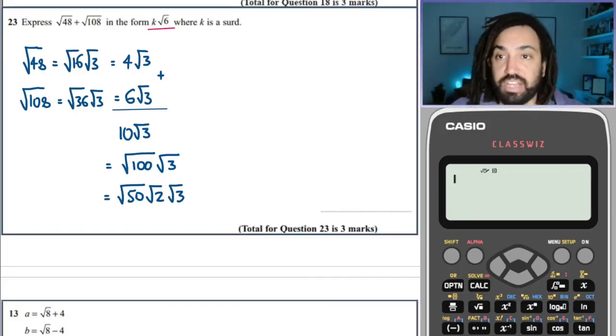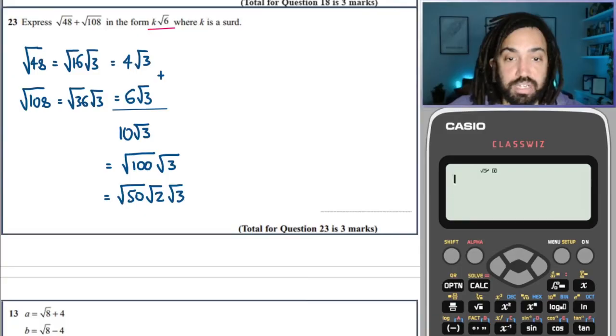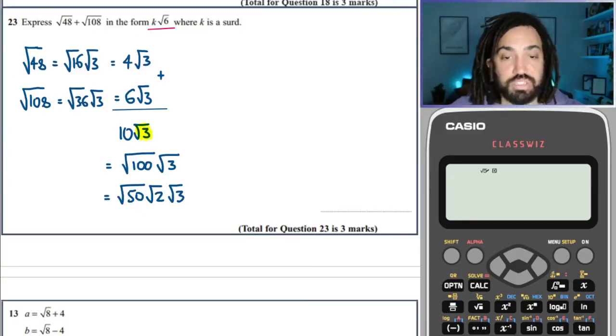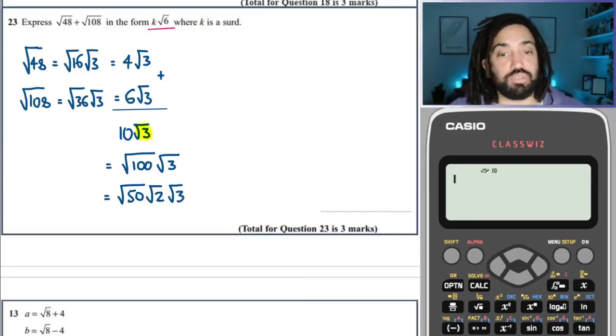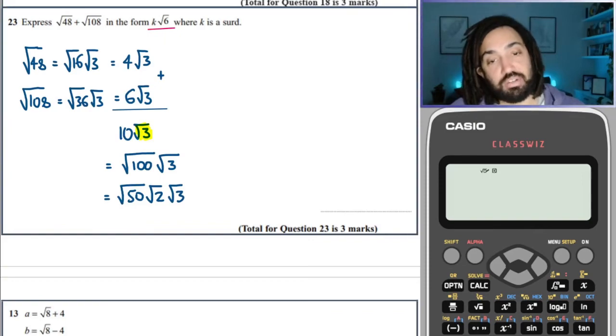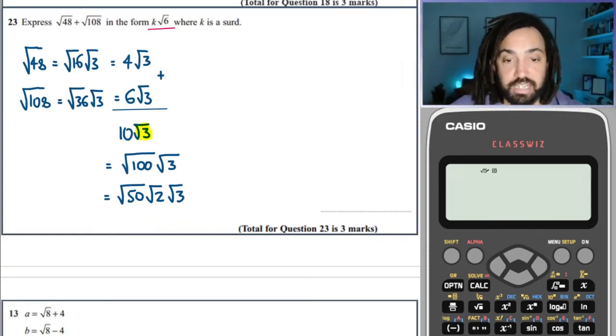Now, why have I done that? Well, I really want this root 3 to be a root 6, so I'm going to have to times it by a root 2. So I've taken out a root 2 from that 10, and now if I times the root 2 and the root 3 together, it gives me root 6. So it's going to be root 50 root 6.